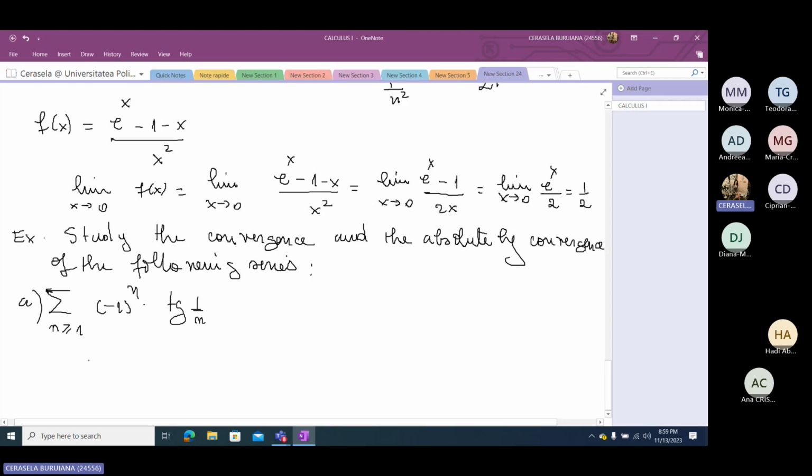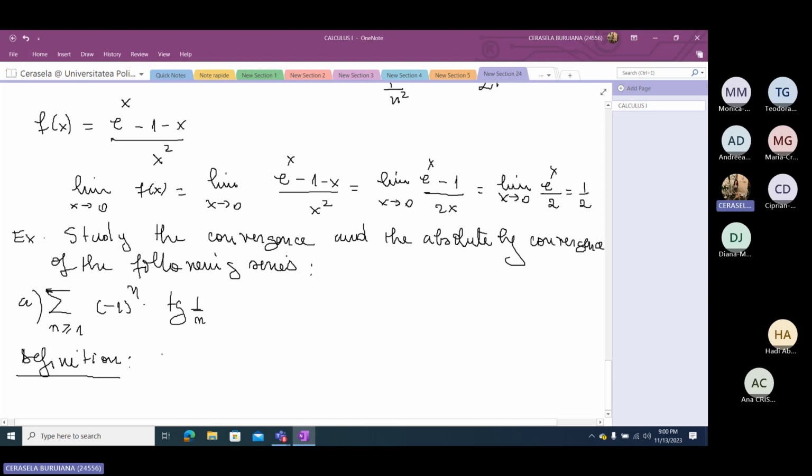By the way, let's remember a little from the course. What is an absolutely convergent series? Let's write the definition, because I'm not sure that everybody remembers.